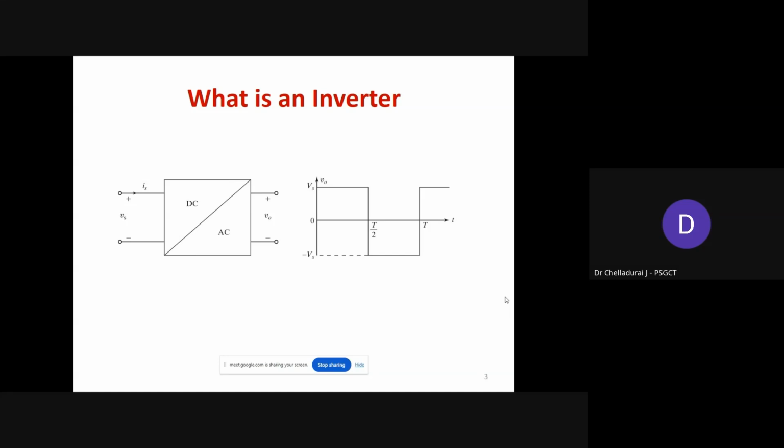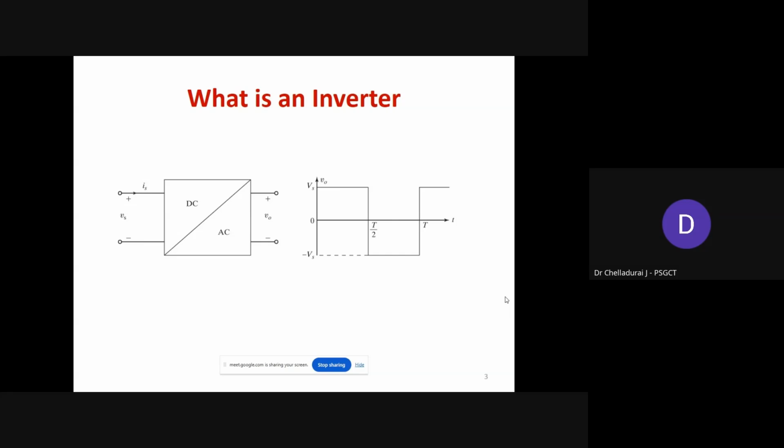From an application point of view, the most widely used power converter in any particular appliance is the inverter topology. An inverter is nothing but a converter that converts DC into AC, and along with conversion, it controls the output voltage magnitude.